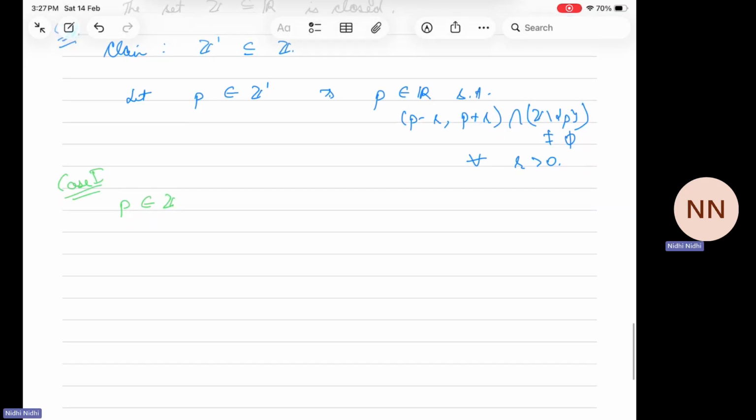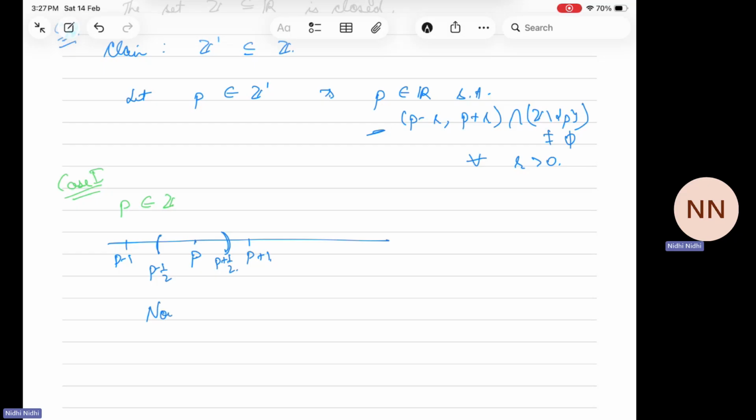Now, if P is an integer, then we have our real line, P minus 1, P plus 1, and this interval P minus 1 by 2 to P plus 1 by 2. Now suppose P was a limit point, then this intersection must always be non-empty. But this should be non-empty for every R positive. So this should be non-empty for R equals 1 by 2 as well.